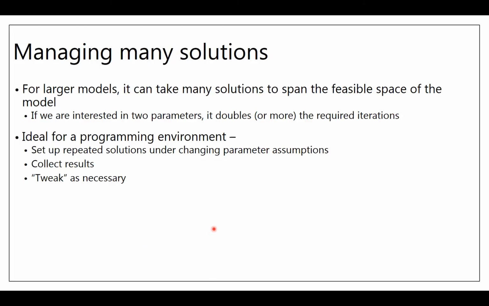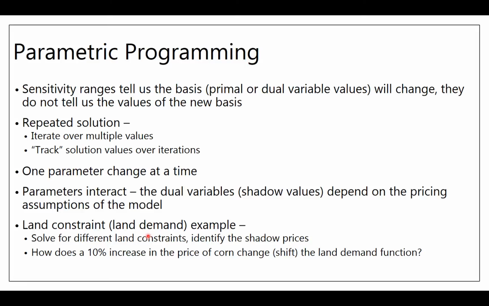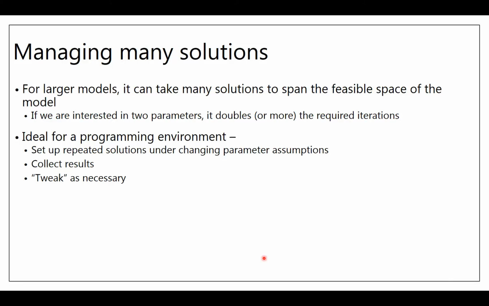So really, if we're talking about changing two things, the right-hand side of the land constraint and the price of corn, then we were already talking about managing several solutions, and now we're talking about doubling that number. For larger models, it could already take a lot of solutions to span the feasible space.